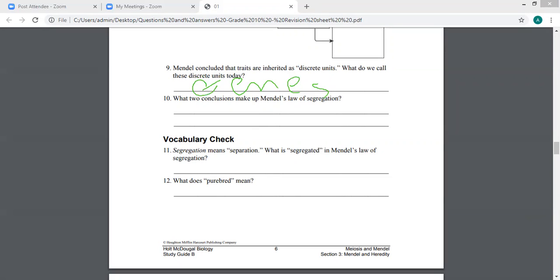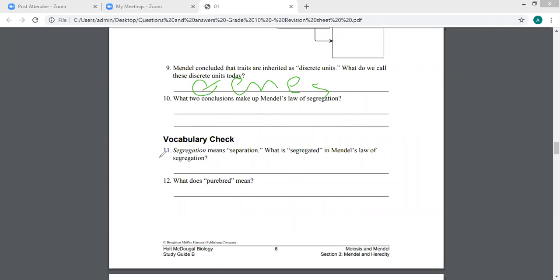The first law explains that the first generation will carry the dominant trait, and in the second generation the recessive trait will appear in the ratio of 3 to 1. You got it? Yes.